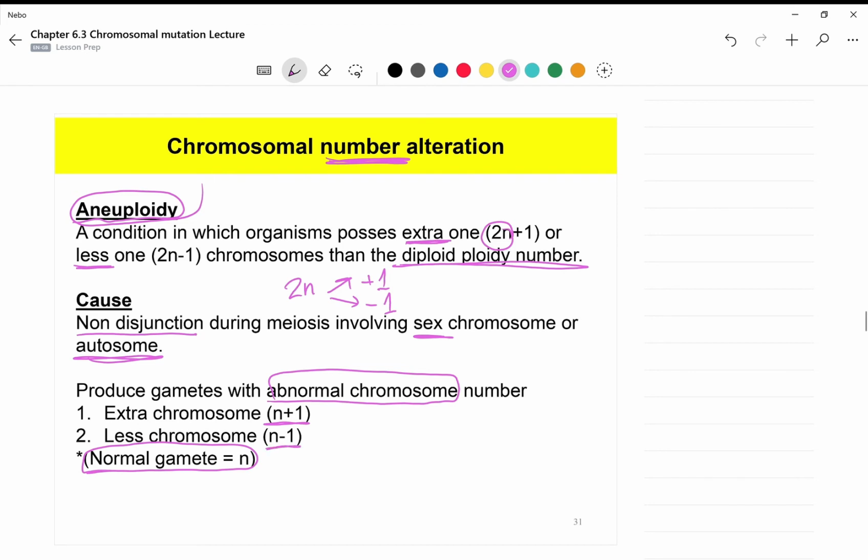In humans, for example, n is equal to 23. Therefore, if you have n plus 1, you have 23 plus 1, which is 24. Or if you lose 1, you have 23 minus 1, which is 22.